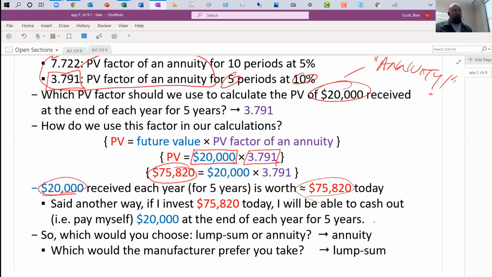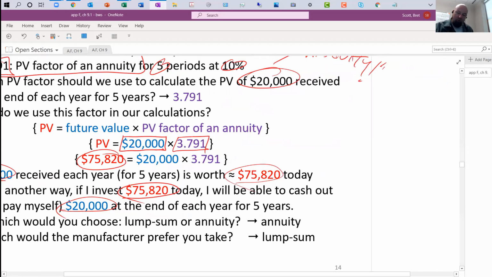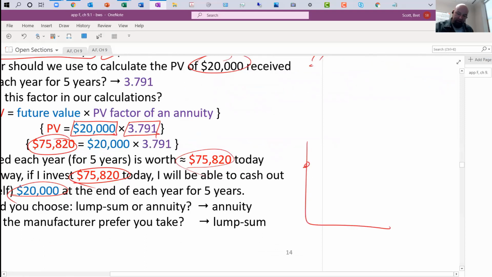Said another way, there's another perspective to think about this. If I invest $75,820 today and I pay myself out every year, how much would I pay myself out each single year for 5 years? $20,000. The investment portfolio would look something like this. We start off at that $75K.